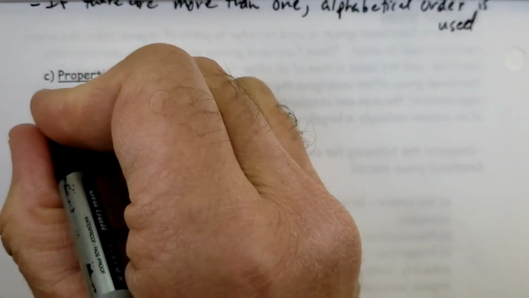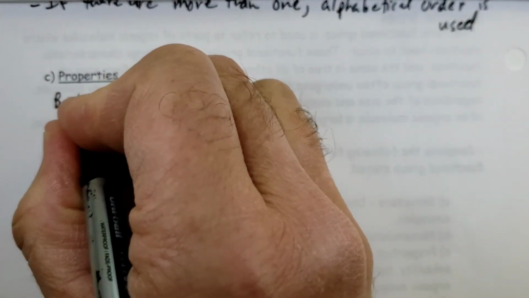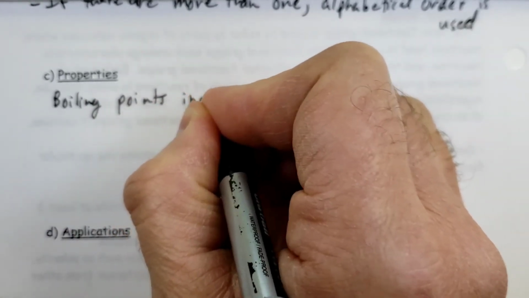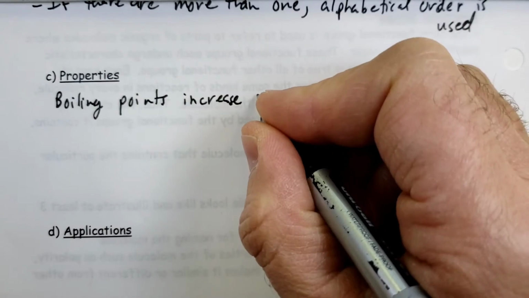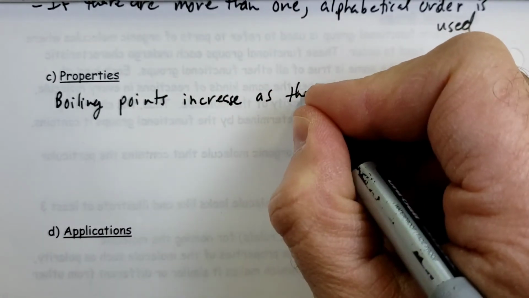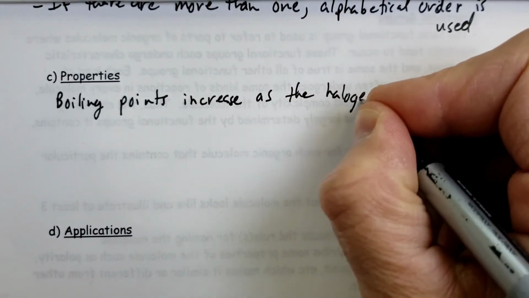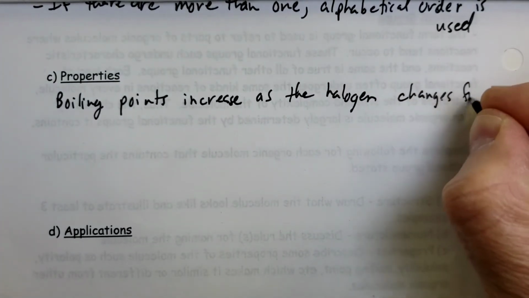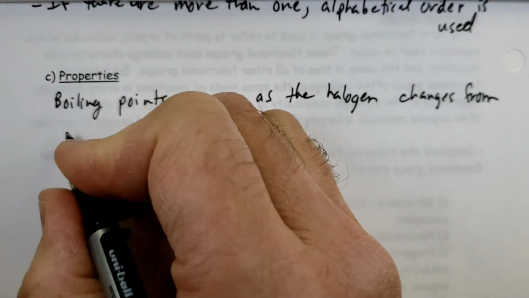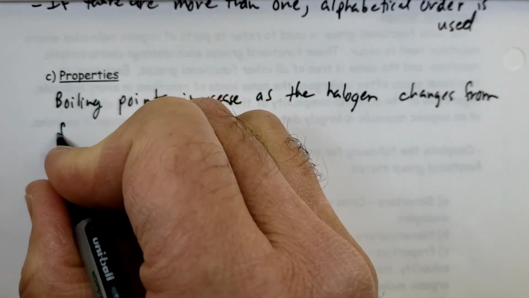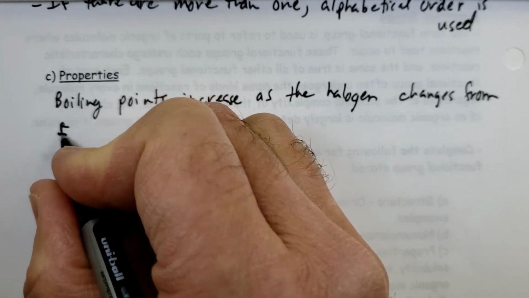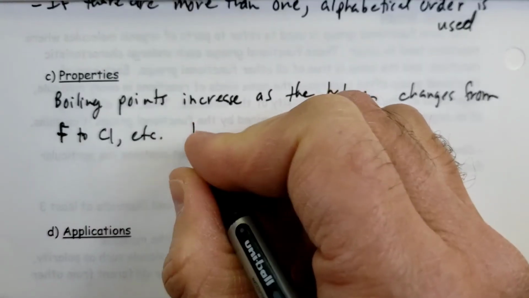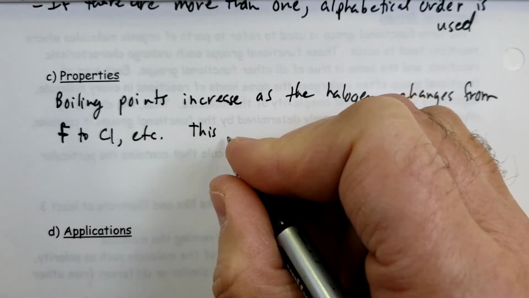Now, if we look at some other things here, look at properties. So we could look at boiling points, which increase as the halogen changes from fluorine to chlorine, etc. And of course, what's happening is you're going down a group.